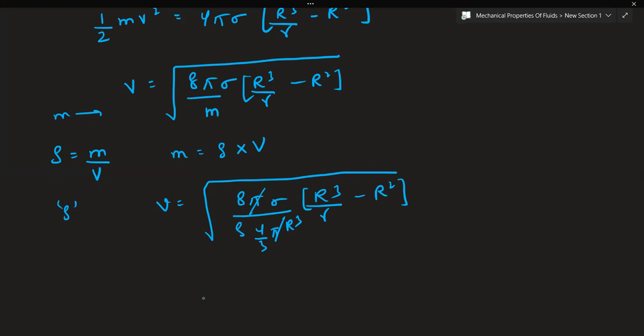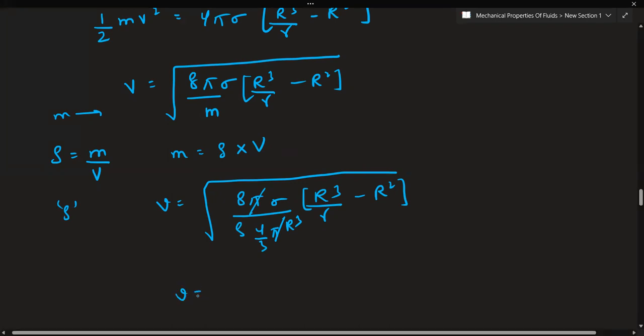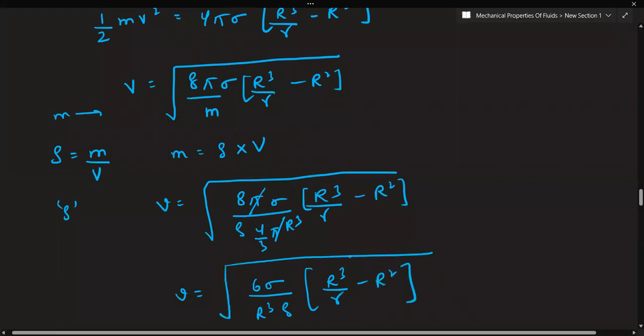So the final velocity that we have to calculate would be 6 sigma, this R cube is left, rho, R cube by small r minus r square, under root. Now in whichever form the option has been given, you can select your answer.